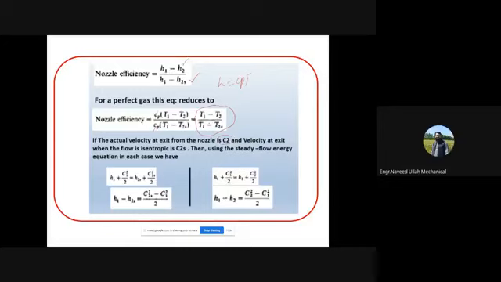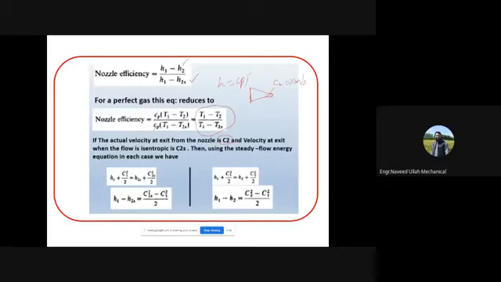Now look, let's say for example you have this nozzle, and you want the exit velocity to be C2. Let's say C2 is equal to x meter per second.